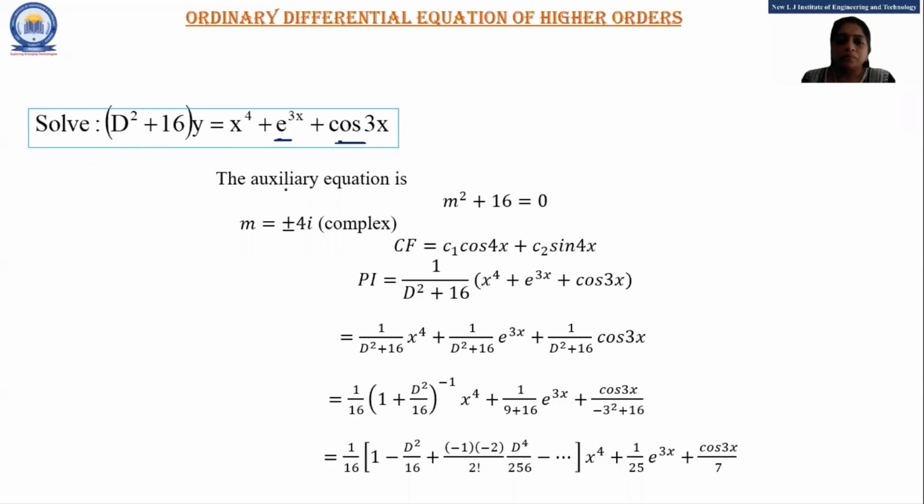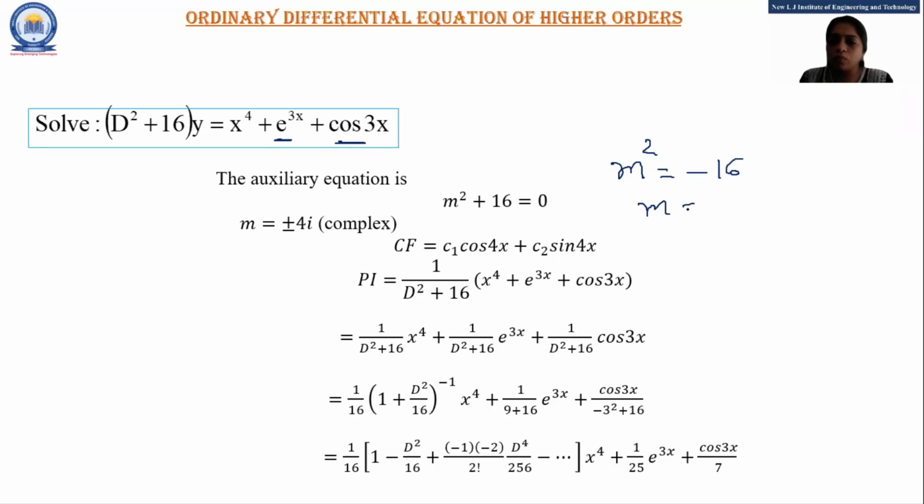So let's start. The auxiliary equation is m square plus 16 equals 0. So m equals what? Plus or minus 4i. Why? See, m square plus 16, if I write it on the right-hand side, that is minus 16.